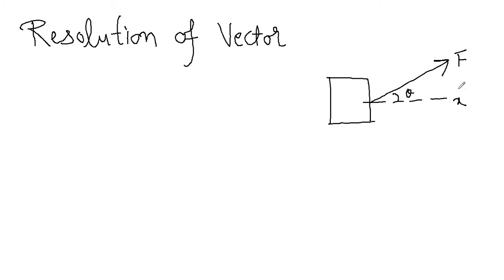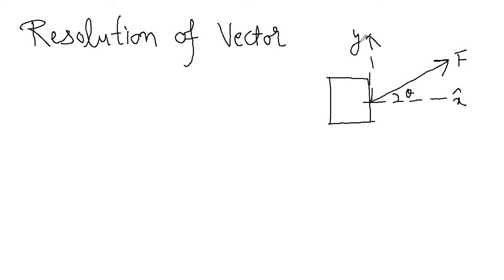A very simple example is that of a block being pulled by a force F in some direction which is at an angle theta with respect to the x direction. To solve these questions, you need to first resolve the force F in mutually perpendicular directions, that is in x and in y direction.